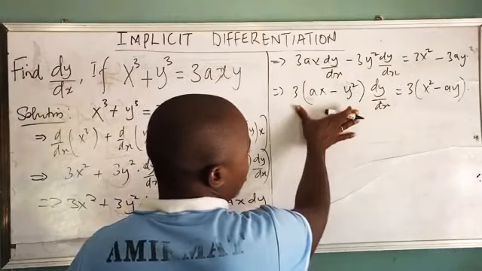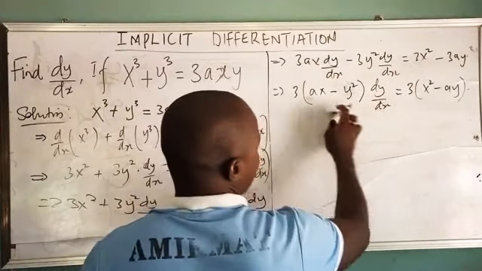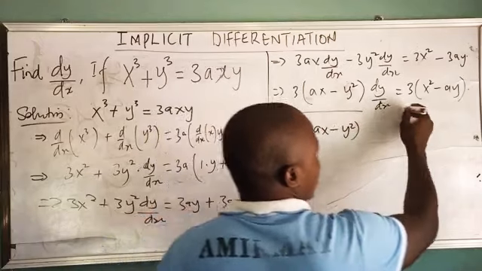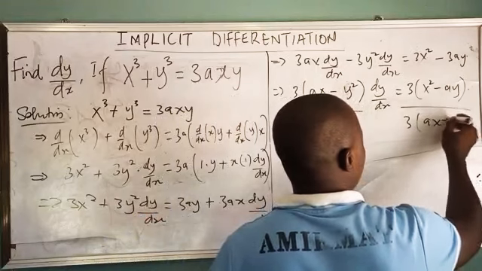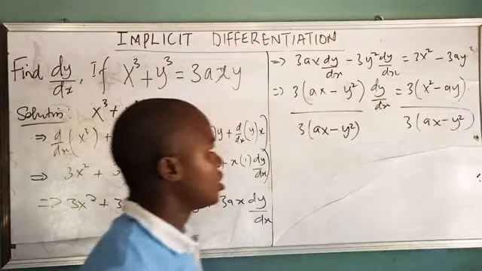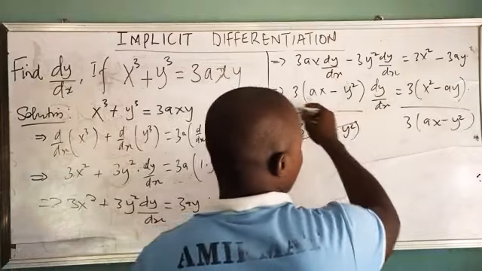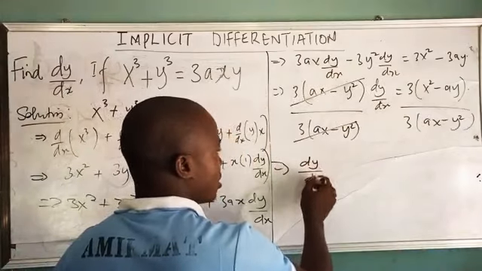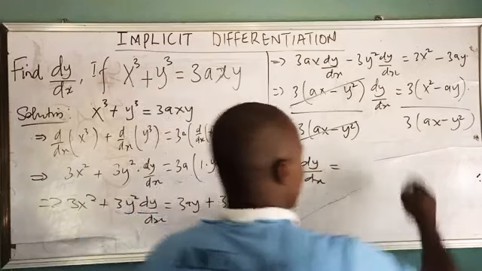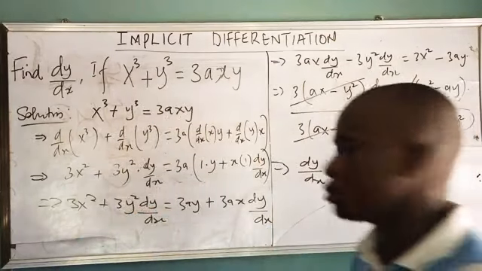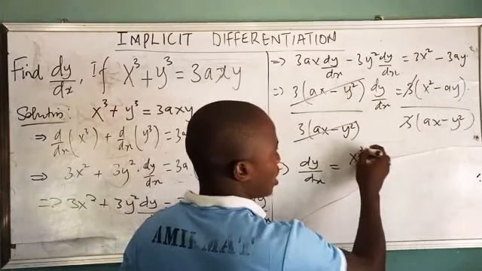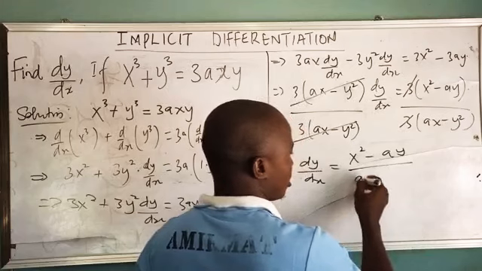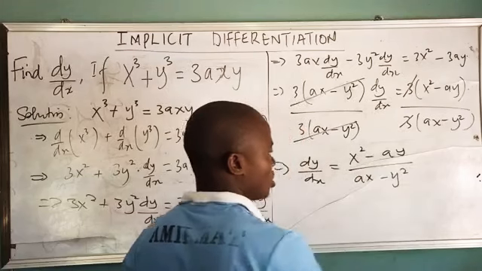You divide both sides by this: ax minus y squared. So we reduce this one, the 3 goes, and we have dy/dx equals (x squared minus ay) over (ax minus y squared).